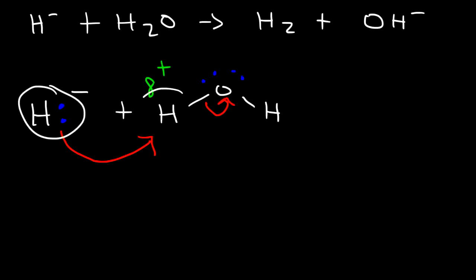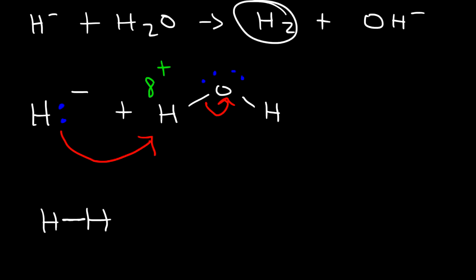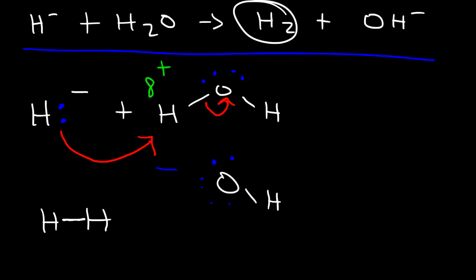So when these two get together, they form hydrogen gas, H2, leaving behind a hydroxide ion. So now this oxygen has 3 lone pairs instead of 2. And so that's the mechanism for this reaction. So whenever you add hydride or oxide to water, it causes the solution to become basic. It produces hydroxide ions.